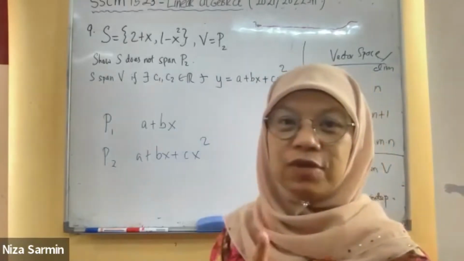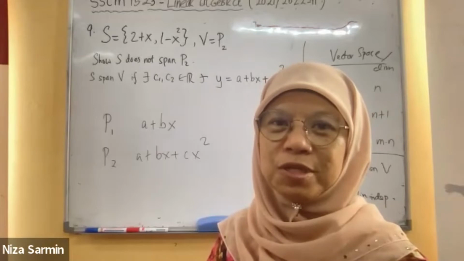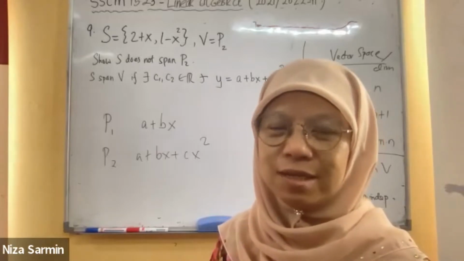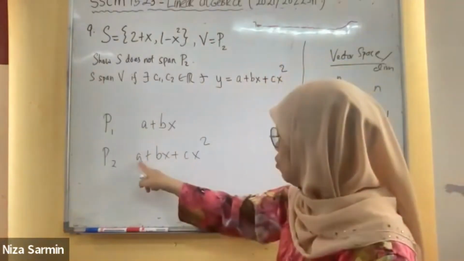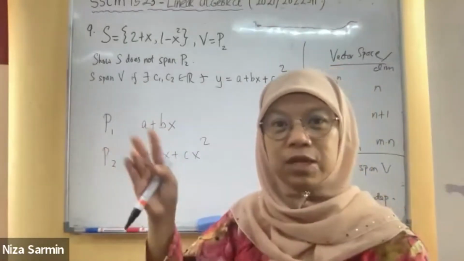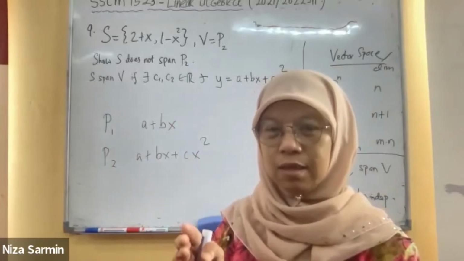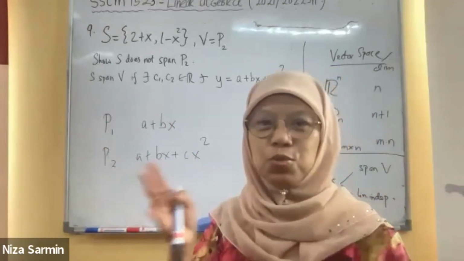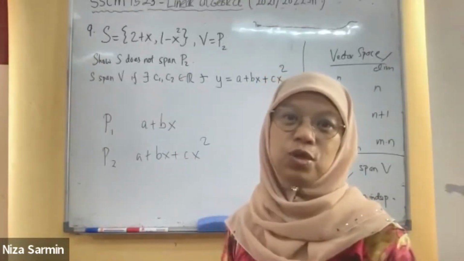If the question gives you in terms of t, it's just the variable. You can change the x to t, but the coefficient is the one that we will see. You remember when we transfer into matrix, we put the variable at the end, and then we put only the coefficient inside the matrix, because we are comparing the coefficient left and right in the equation.